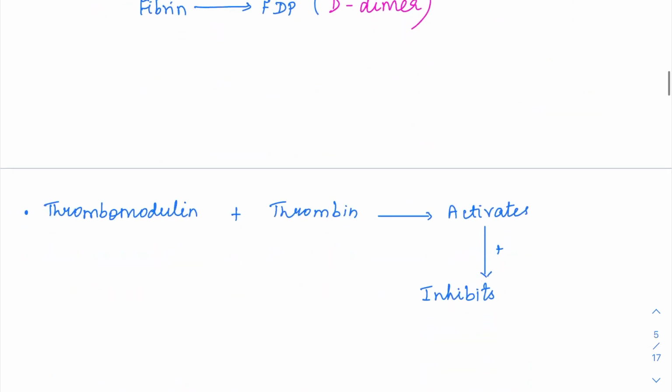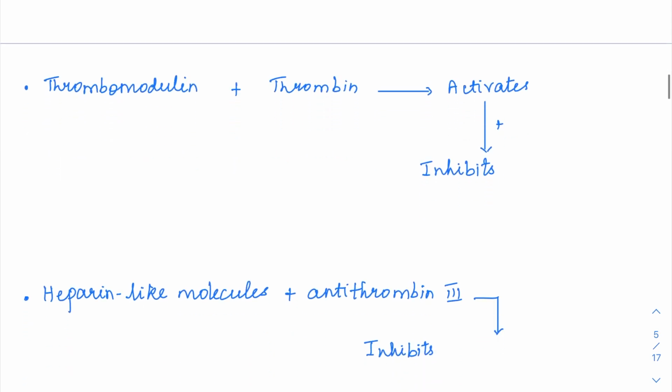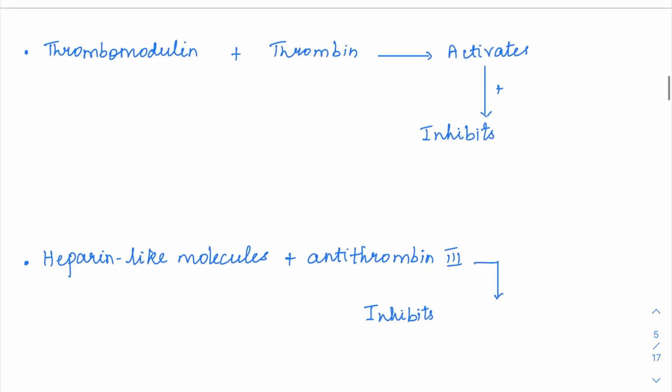So this is the normal coagulation pathway which is happening. Let's see the normal state. How does this come to normalcy? In a normal state, when there is no endothelial injury or when this clotting has been completed, we have anticoagulant mechanisms. The first one is thrombomodulin. Thrombomodulin, as the name suggests, is going to modulate the action of thrombin.